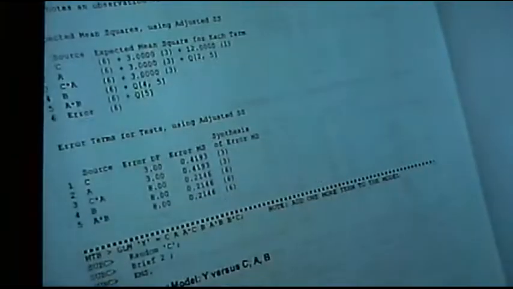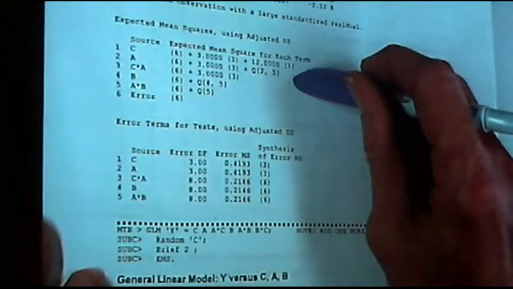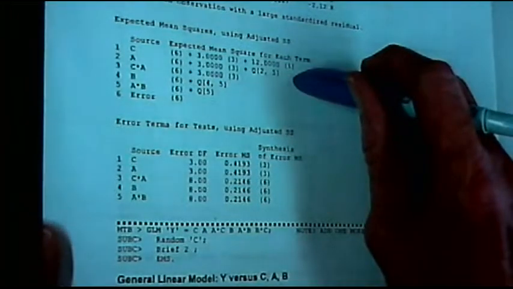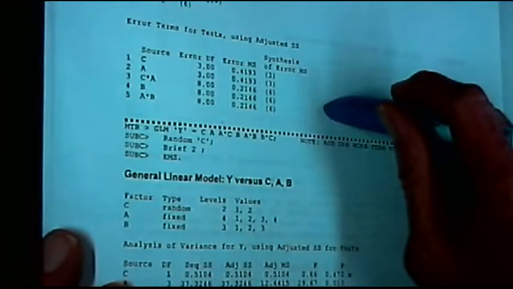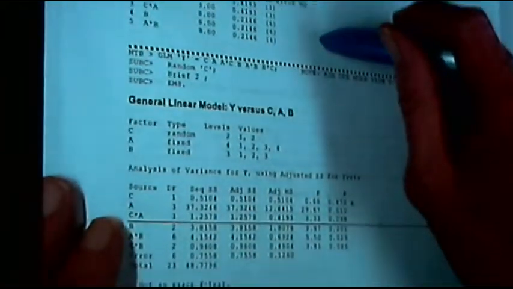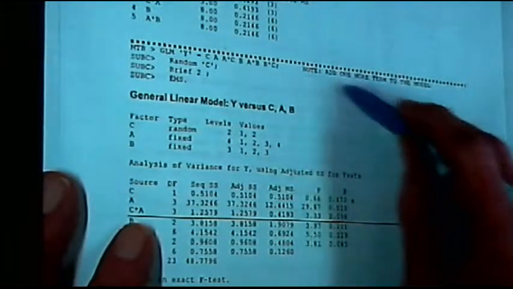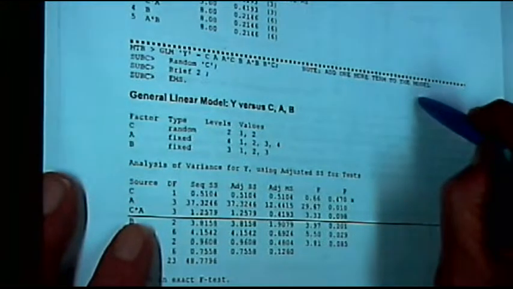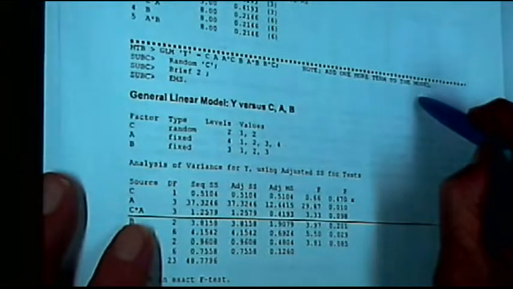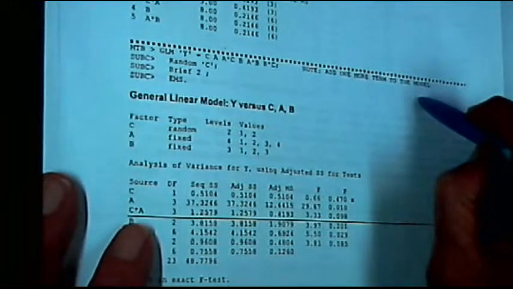Okay, so there's the ANOVA table, the F-tests, the expected mean square columns that we use, and it's telling us here again, sort of repeating the information, what denominators it is using. Now, what I did next in Minitab was to add one more term to the model, because what terms are in the model is some disagreement across different books.